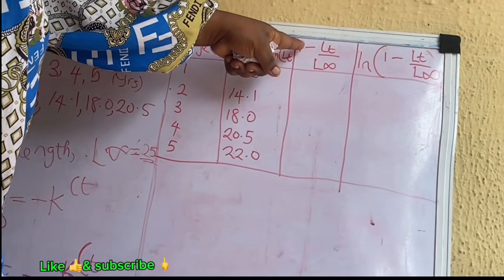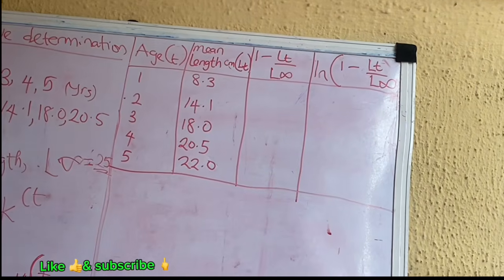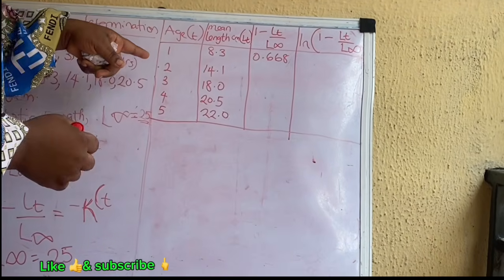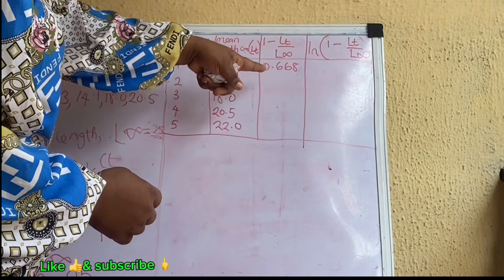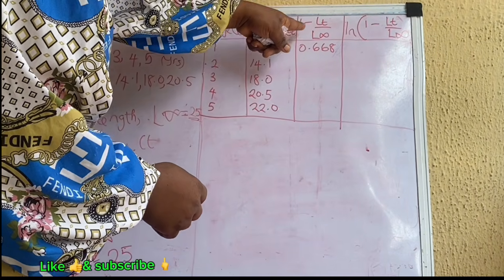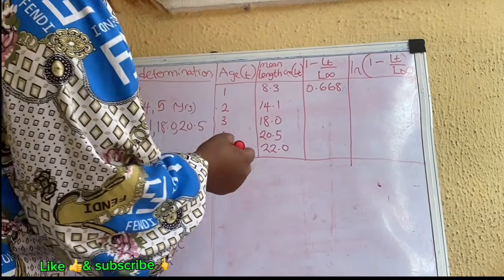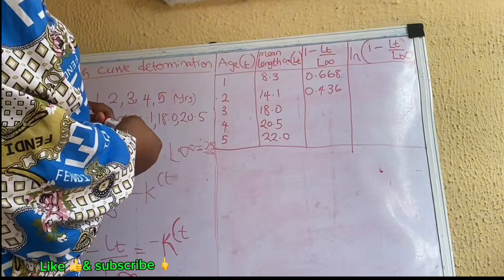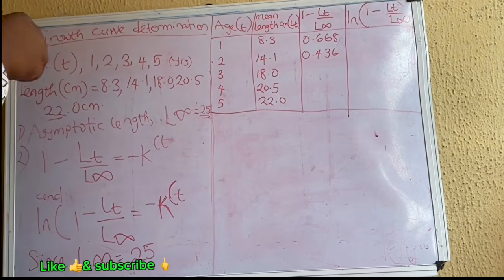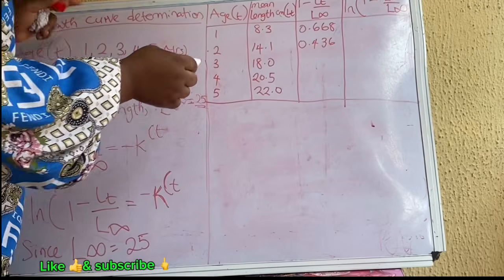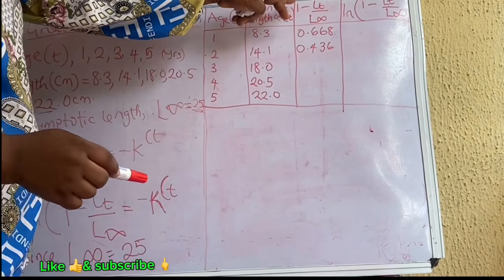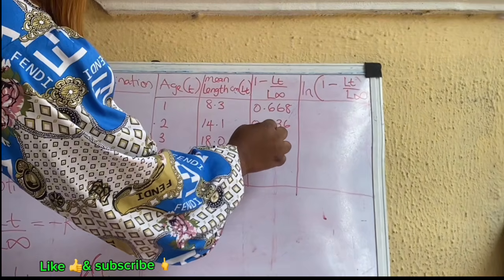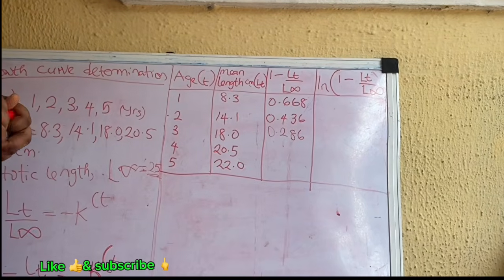Then you minus it from 1, which gives 0.668. Repeat for 14 divided by 25, then 1 minus that value gives 0.436. Next, 18 divided by 25, then 1 minus the value gives 0.286.